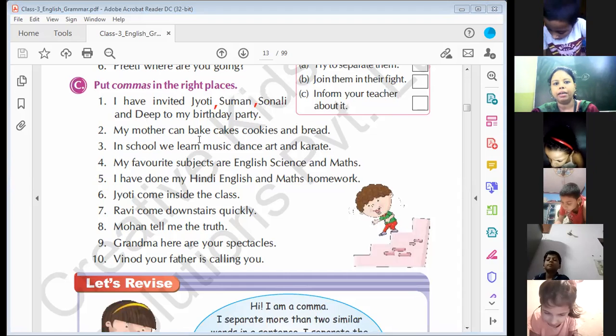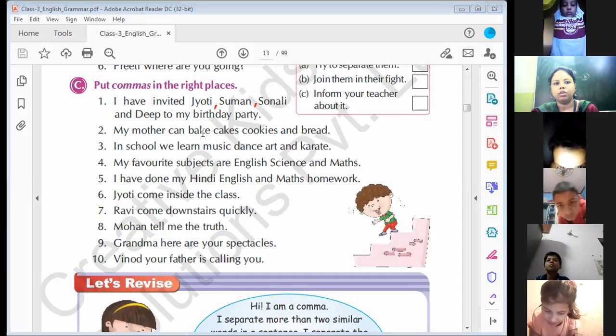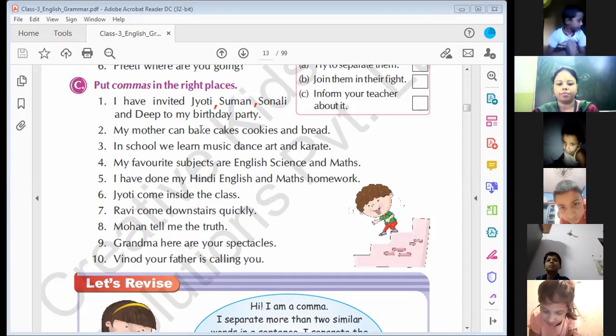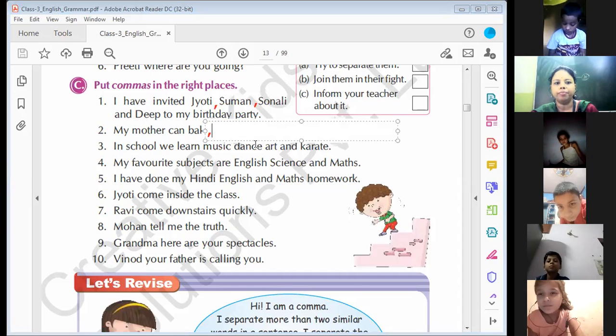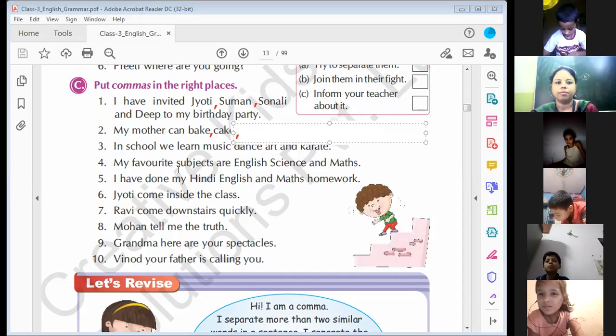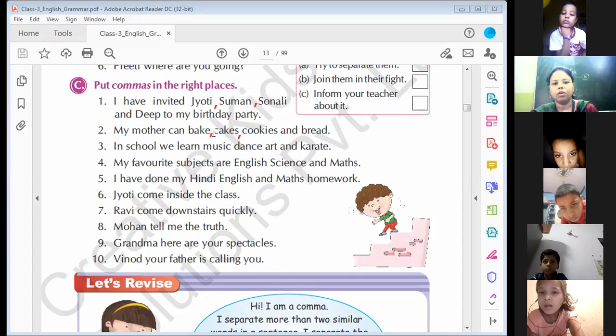My mother can bake cakes, cookies, and bread. So here between cakes and cookies, there should be a comma. As you can see, cakes, comma, cookies, and bread.